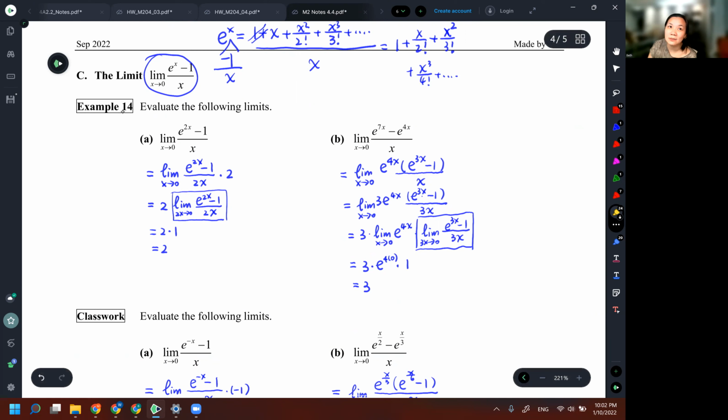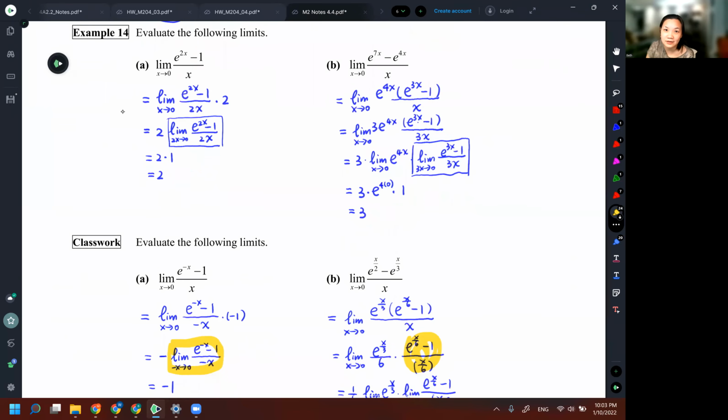Now, this one is done by factorizing e to the power x using the approximation of e to the power x as a polynomial. But when you are solving these questions, you don't have to use the polynomial. You just memorize this: e to the power x minus 1 divided by x is equal to 1. And then you just figure out the rest.